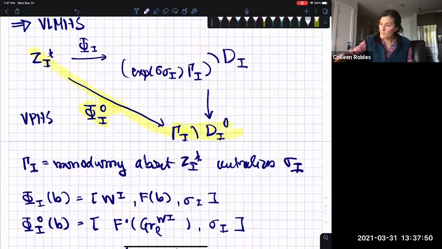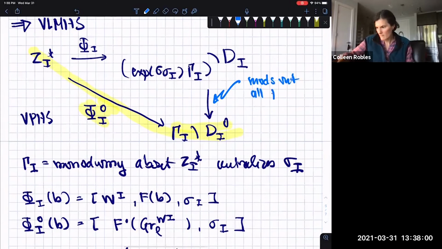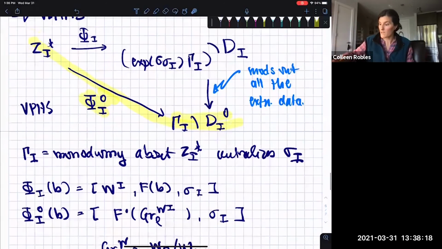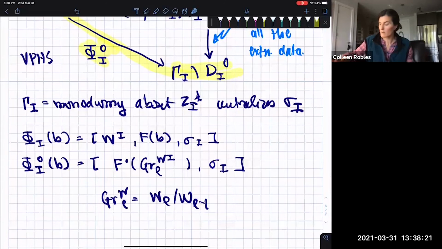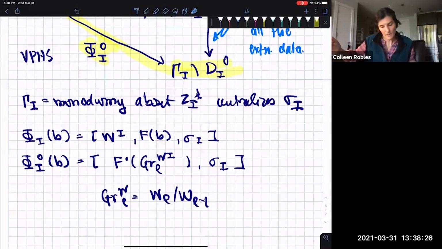One way to think about what's happening here is that this map is modding out all the extension data. So the fiber is the collection of all limiting mixed Hodge structures that have the same weight graded quotient, and what's left to vary in that fiber is extension data. In the Hermitian case, I get a little ahead of myself. I'll stop there.